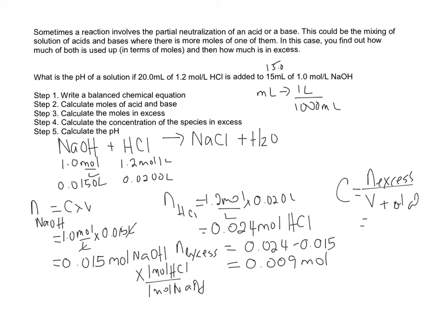So we've got 0.009 divided by 0.035. Our concentration is 0.257 moles per liter. So we have 0.257 moles per liter of excess hydrochloric acid.